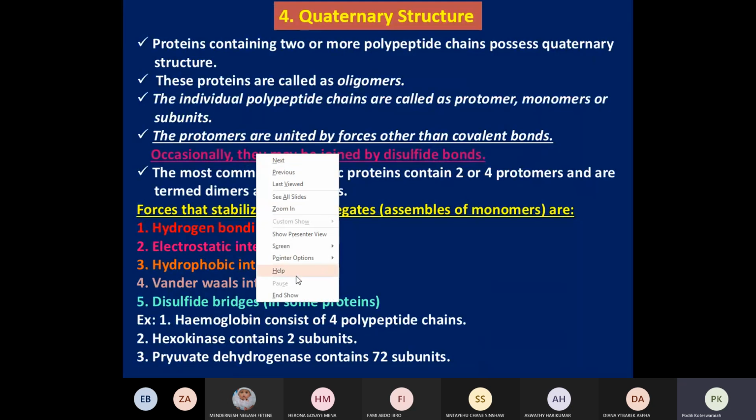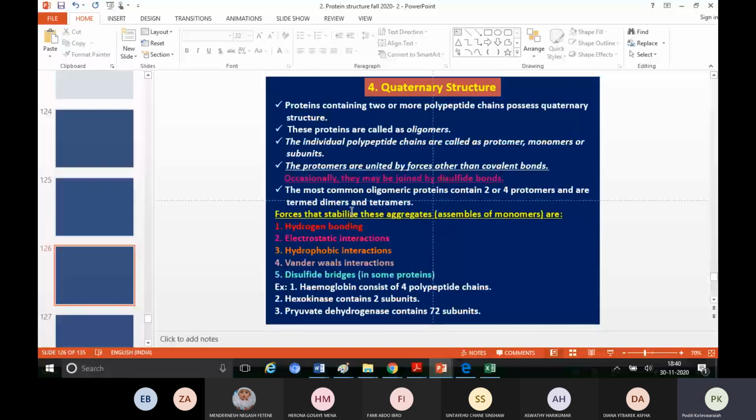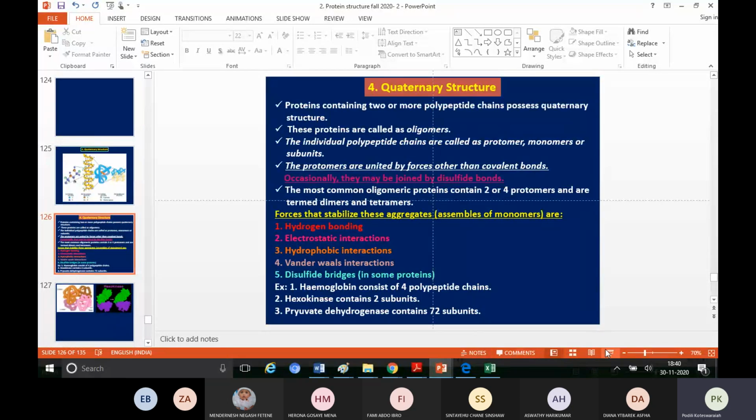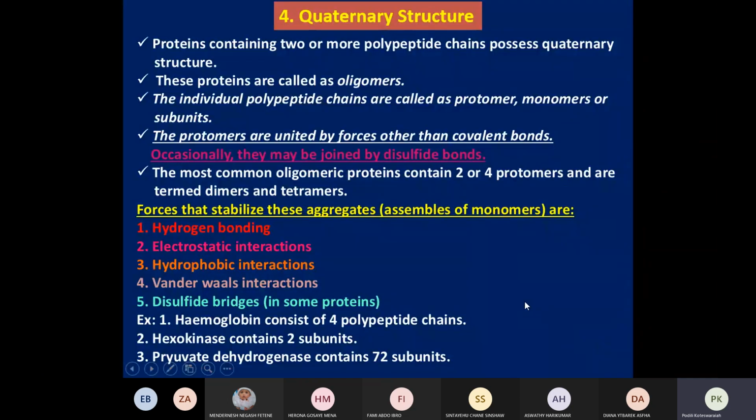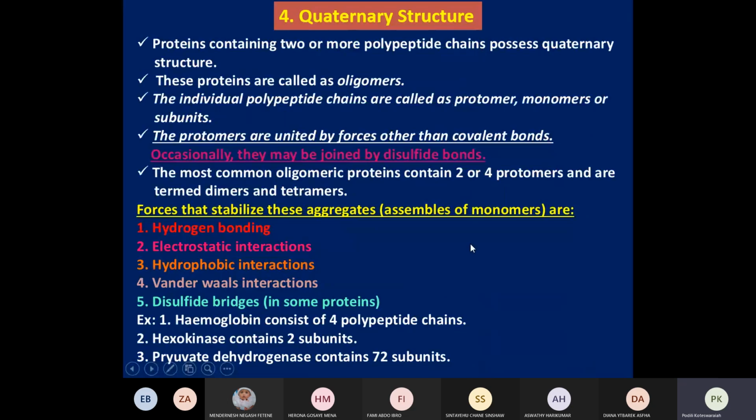Now coming to the quaternary structure of the protein. As I said, the association of two or more polypeptide chains is known as the quaternary structure.